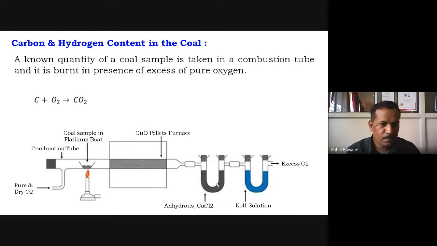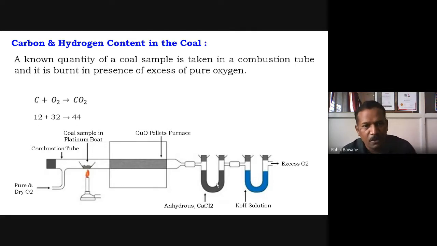Carbon from the coal reacts with oxygen, forming CO2. Here 12 plus 32 equals 44, that is the molecular weight. Carbon has a molecular weight of 12, oxygen has 32, and after reacting we obtain CO2, which has a molecular weight of 44.